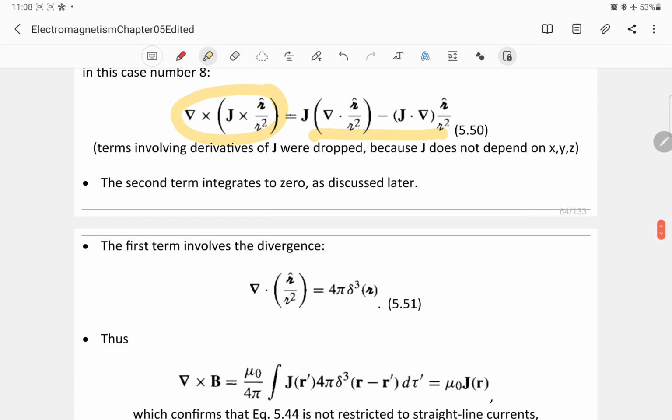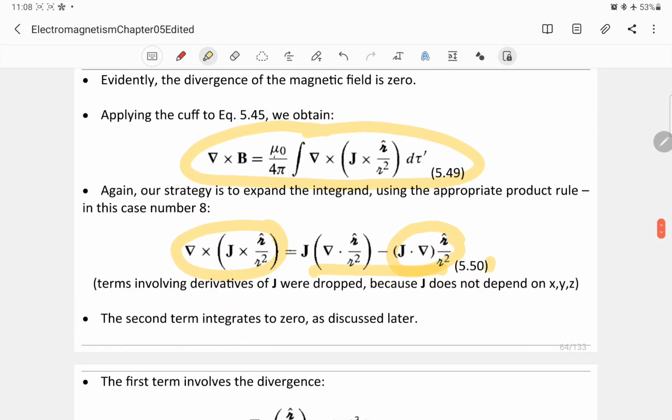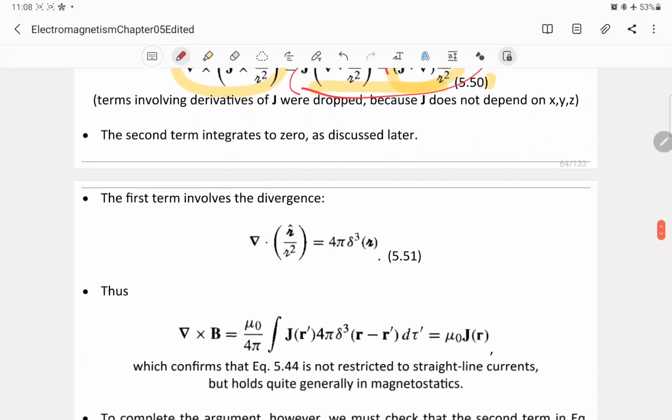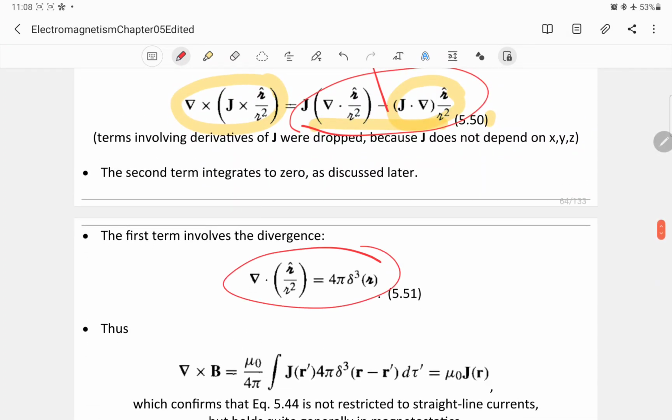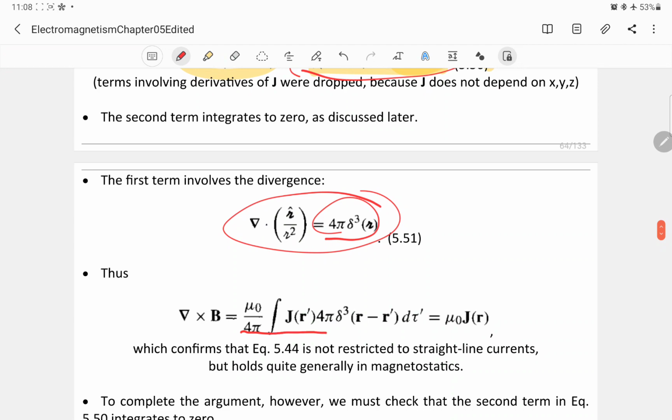By the way, this one integrates to 0 if you put the whole thing back here. The first term involves the divergence, which we encountered before in chapter 1. It involves this kind of factor, and you can actually change this with this, and so you just put it there. The second term already integrates to 0.